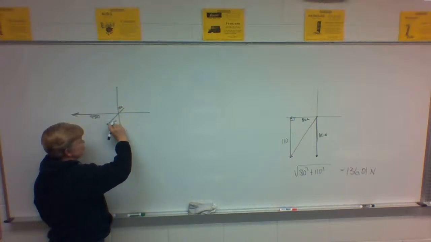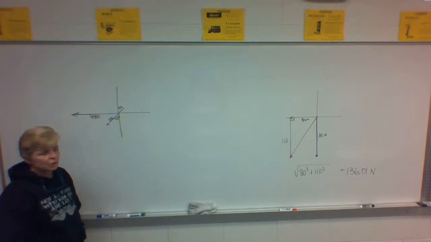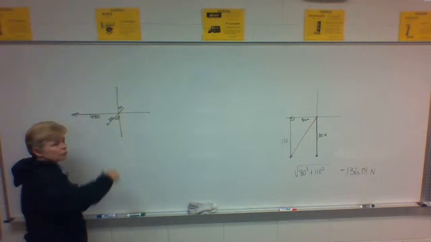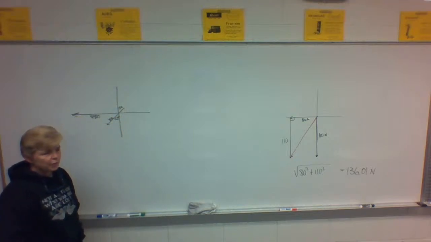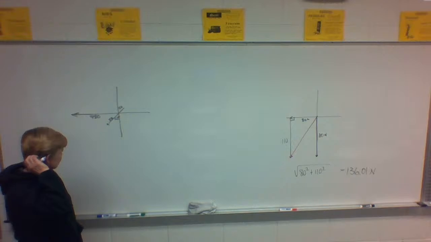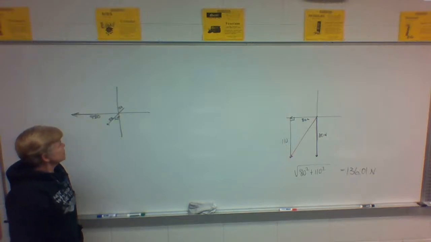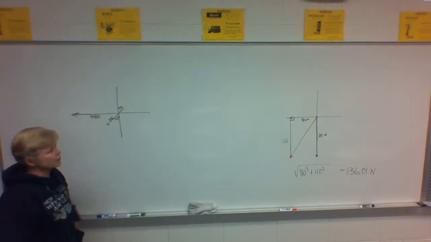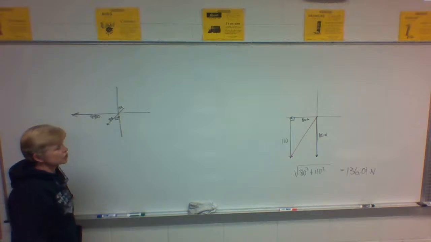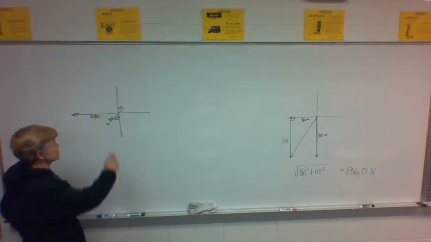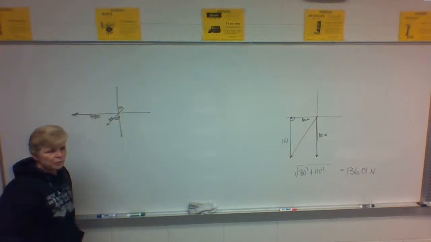So where's the 52 in this picture where we actually have the vector? It's right here, because if you remember, vertical angles are equal in geometry. These two angles are vertical. You see where it shows up over here on the vector? Okay. So now at this point, by the way, they want the magnitude and the direction of the resultant vector if the guy just allows himself to be blown off course by this little breeze.